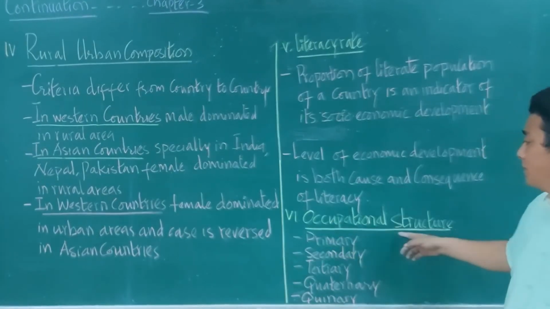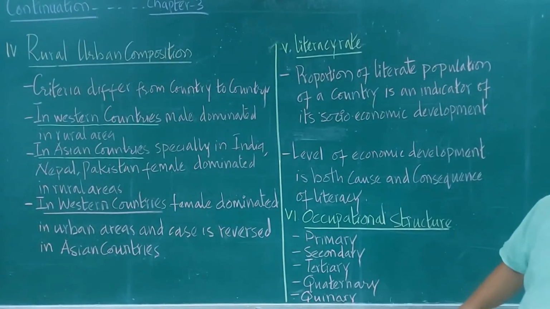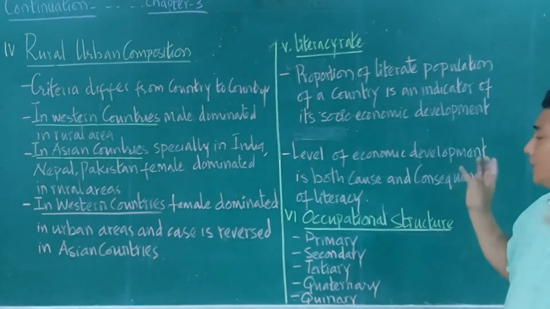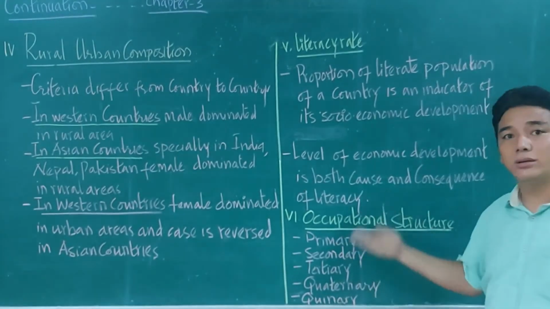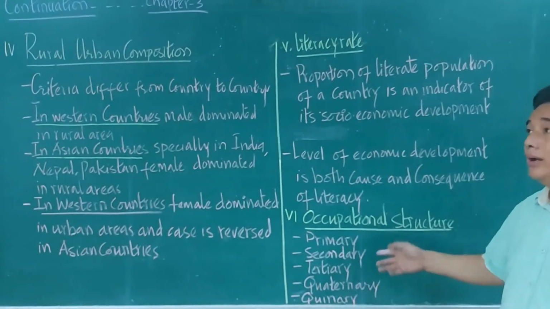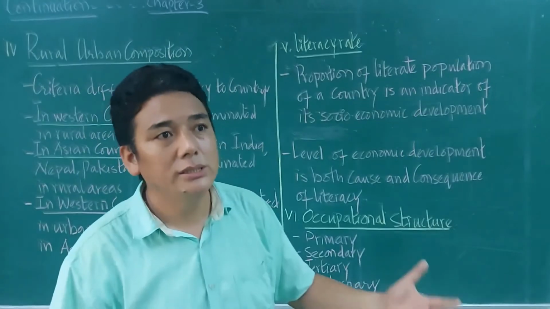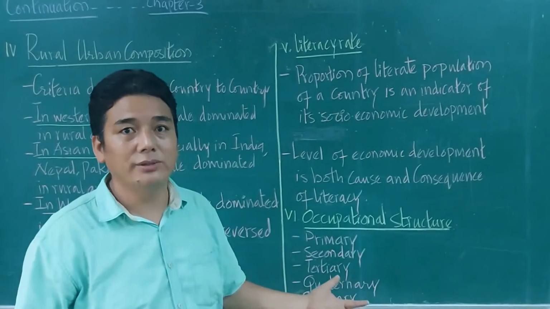So the next one is occupational structure. The occupations, the jobs of the world, have been structured into these 5 categories, and the whole population is engaged in different kinds of activity.